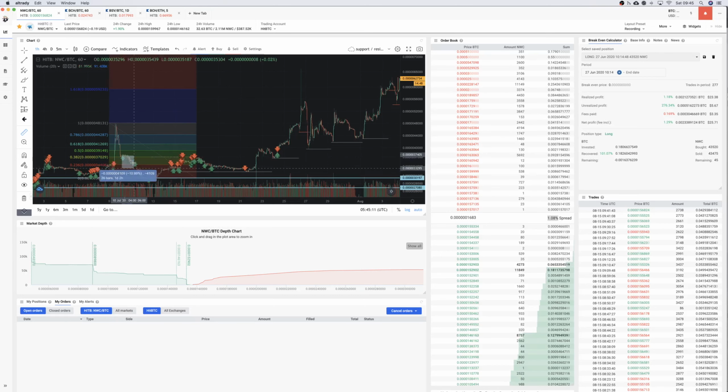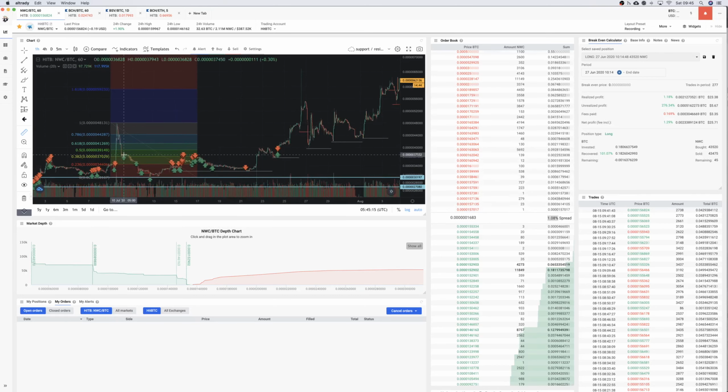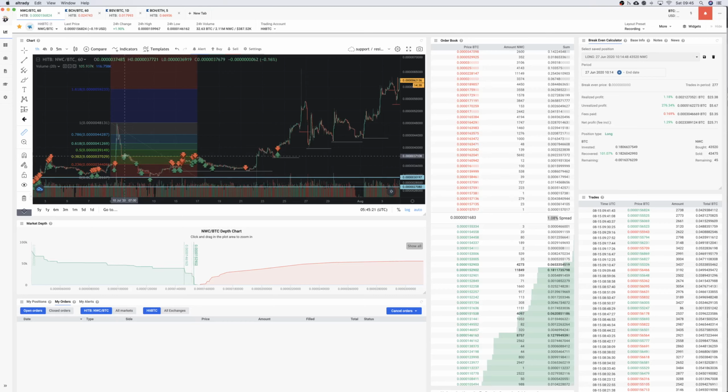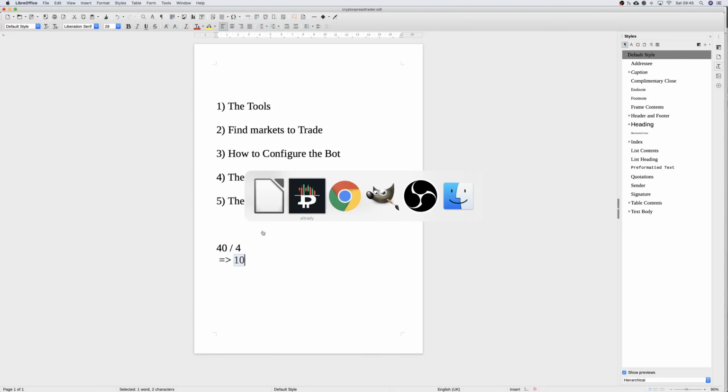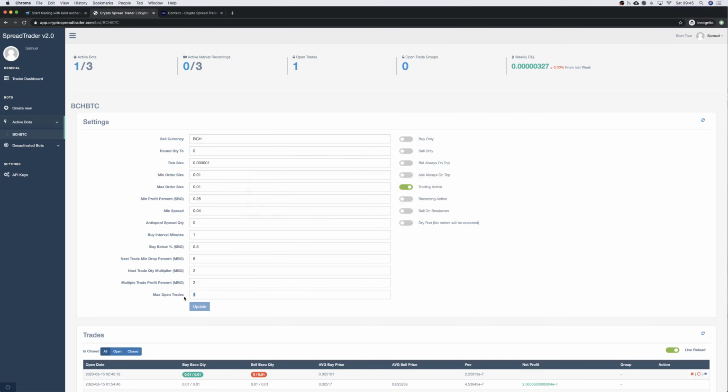So you can see my configuration here was another one, but I started lower. But if we configure it to 10, the next order will kick in from here, from the previous one. So basically, here the next trade minimum drop percent will be 10. We are talking about another crypto here.